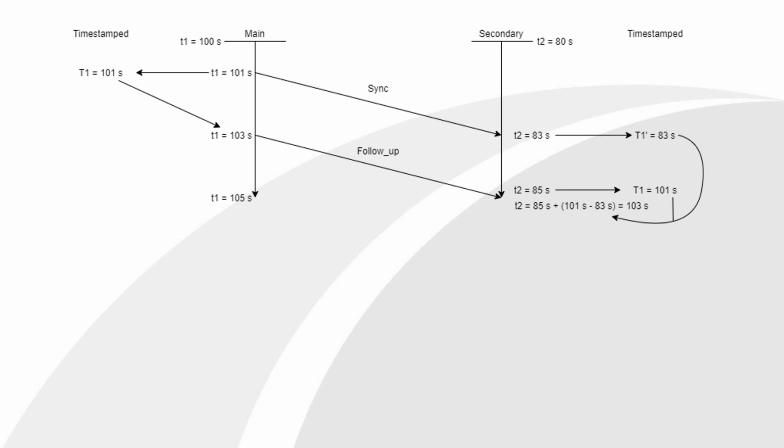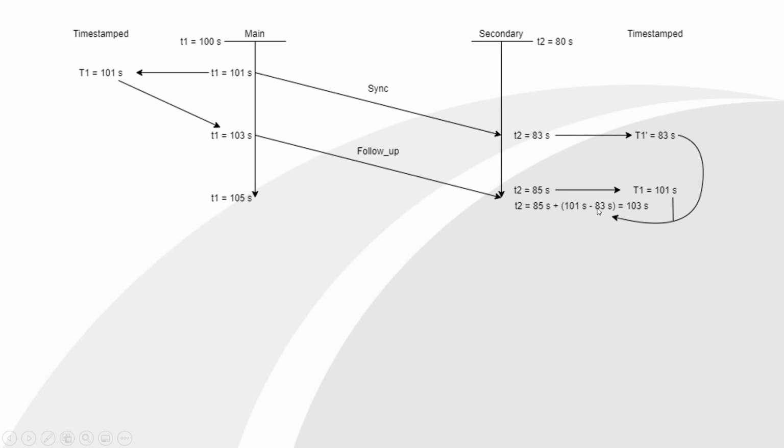Again, the follow-up message takes 2 seconds to arrive at the secondary. When it arrives, the slave device has 2 timestamps. It has the saved timestamp of when the sync message arrived, but it also now has the timestamp of when the sync message was sent.